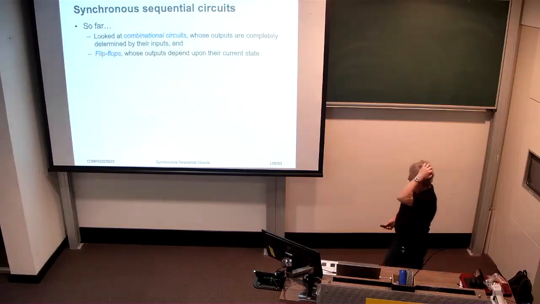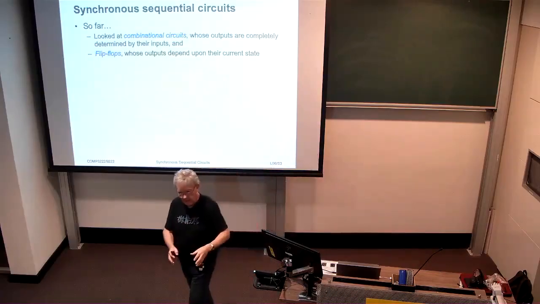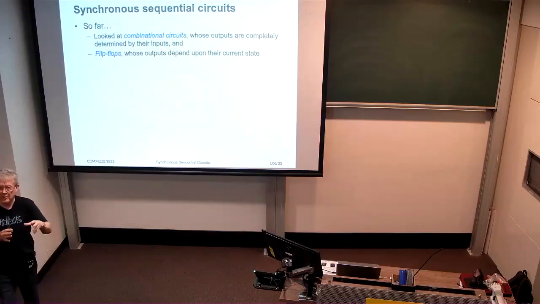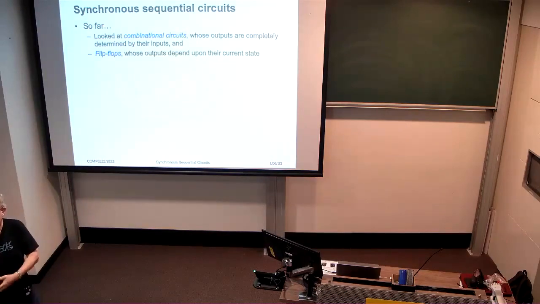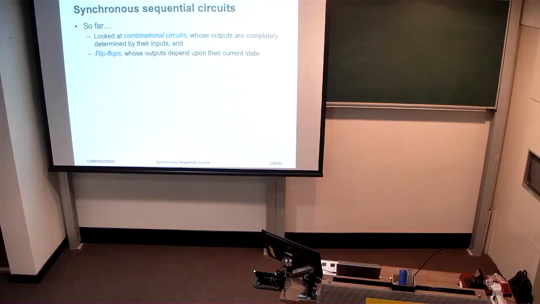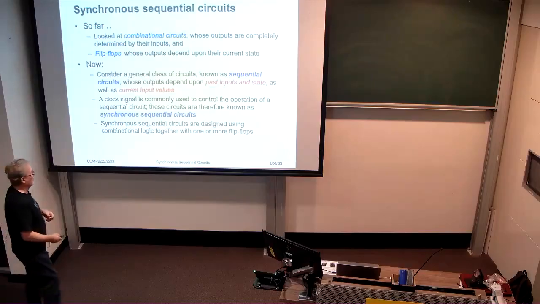So, so far we've looked at combinational circuits where the output of the circuit is directly dependent upon the present or current input, right? That's what a Boolean function does. These are functions where the output is a direct functional combination of the inputs. We've also, last week, looked at flip-flops, whose outputs are defined by their current state.